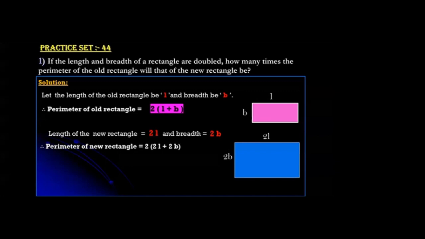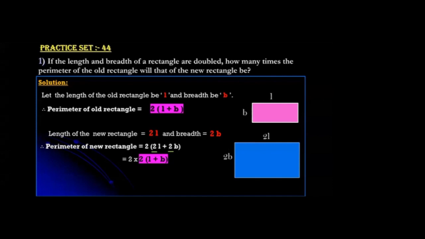Perimeter of old rectangle is 2 times length plus breadth, and the new rectangle's perimeter is 2 times of 2 length plus 2 breadth. So we have to solve this equation. As the length and breadth are both 2 times, and it is repeating, we will take it as a common factor.